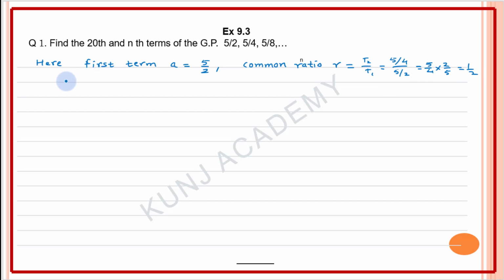We know that the general term, nth term Tn is equal to ar^(n-1). We have to find the 20th term, n is equal to 20.